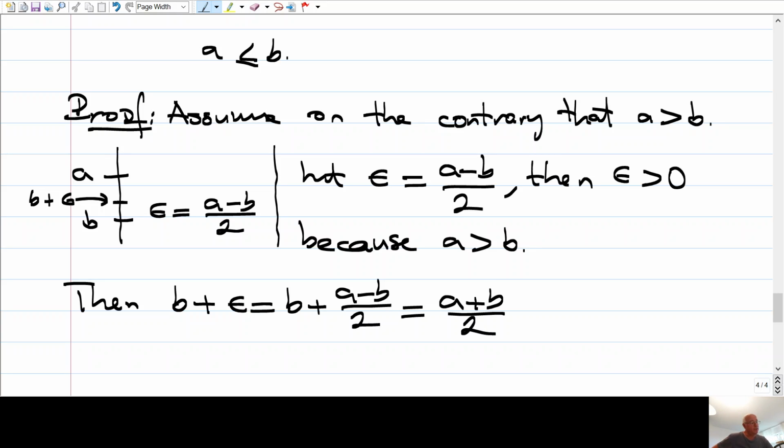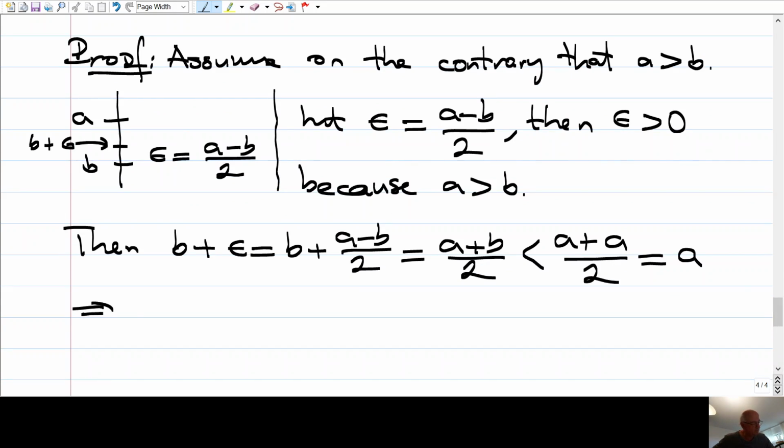But I know that A is larger than B. Therefore, in this expression, if I replace B by A, I will get something larger, right? So I write A, and instead of this B, I write something bigger, which is A, so I get A over 2 plus A over 2. But this means what? So we get B plus epsilon is less than A.